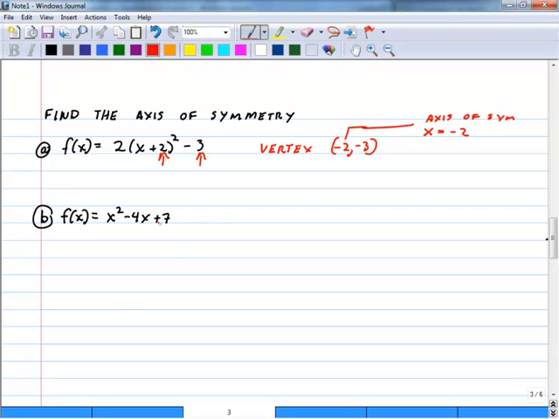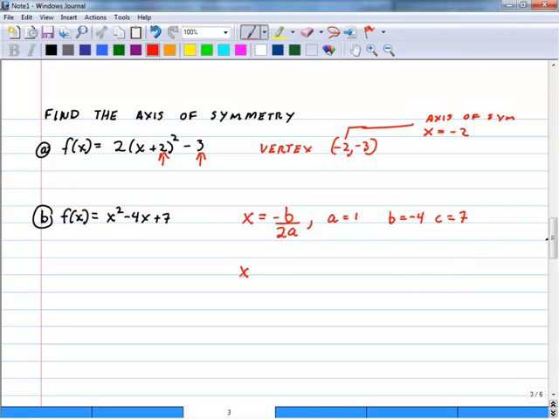On this next case, it's not as easy. We're going to need to use this formula, the negative b over 2a, which helps us find the vertex to find the axis of symmetry. So the first thing I want to do is state what my a, b, and c are. In this case, a is 1 because there's no number written there, so it must be 1. B is negative 4, and c is 7.